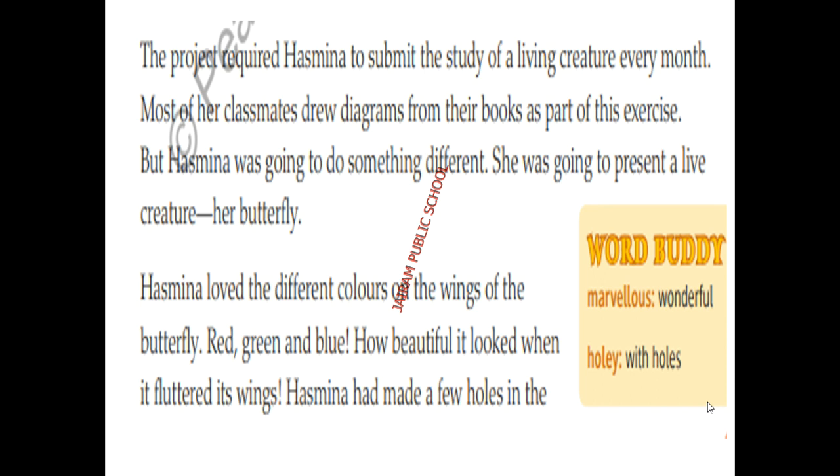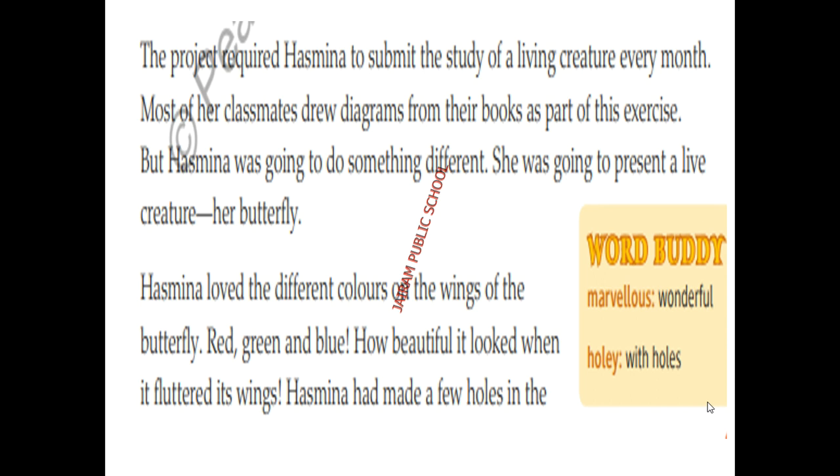Here I need to ask a question. Did you bring a living creature for your science project to school? I hope you did like this. So here also Hasmina has planned to bring a pleasant live creature, which is her butterfly. Hasmina loved the different colors on the wings of the butterfly, which is like red, green and blue.